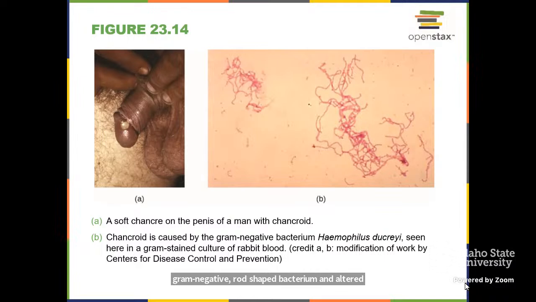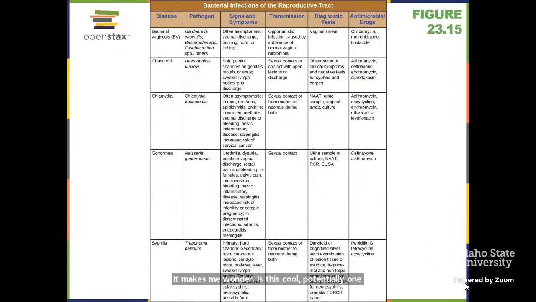Interesting. It makes me wonder, we saw Haemophilus growing on the chocolate agar before, and I mentioned Haemophilus needing the lysed red blood cells. It makes me wonder, is this cooked? Potentially lending to it being able to get cultivated. I don't know.